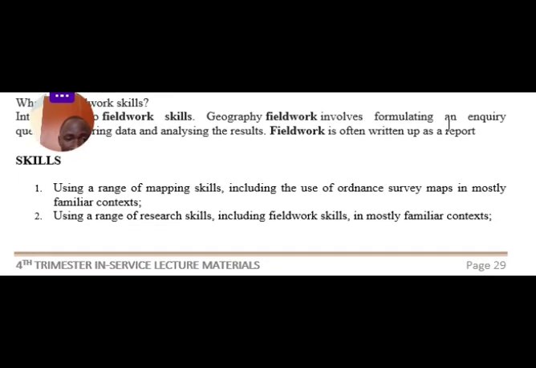When you look at these skills, the first skill that you have to obtain is the skill of using map skills. When you read those survey maps or given maps, it can enable you to understand or to view or to obtain different skills, since you can interpret the maps very well. Then using a range of research skills enables you to understand a familiar context.